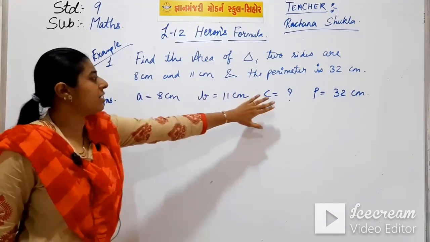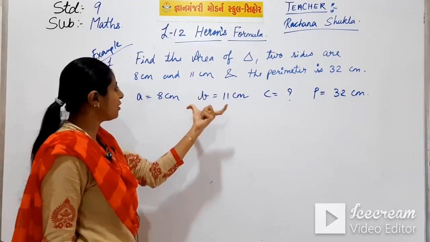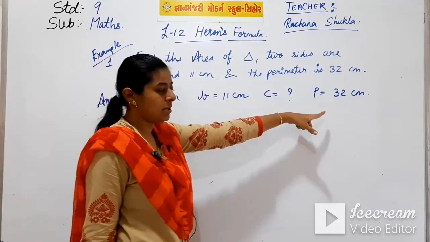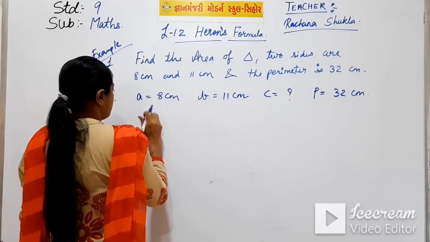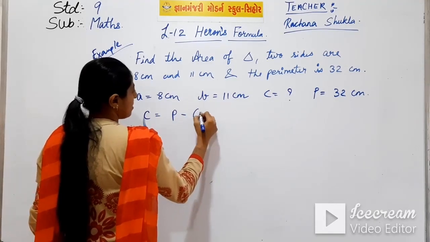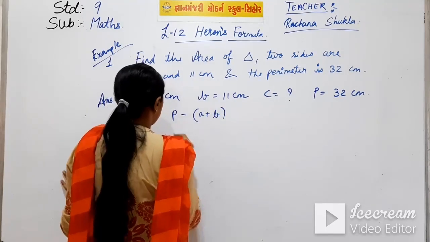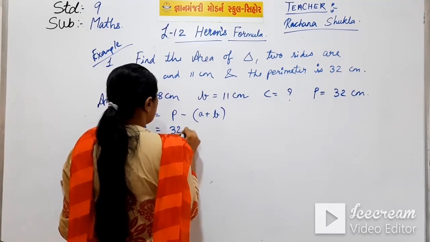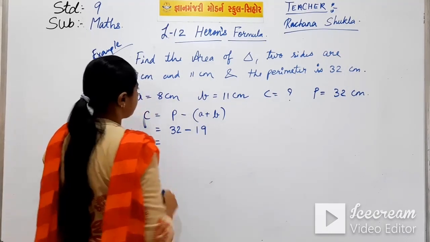So to find out the C, we have to subtract the summation of both A and B from perimeter. That means C equal to P minus A plus B. 32 minus 19.